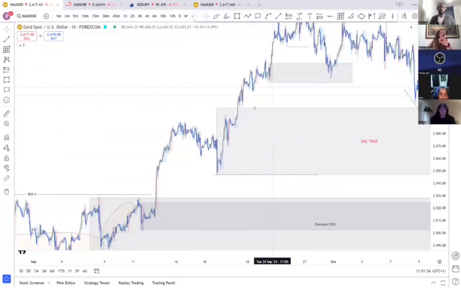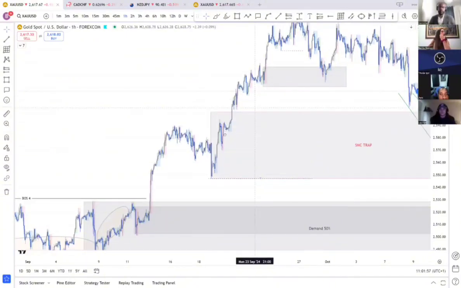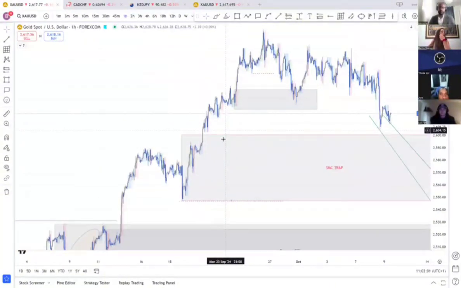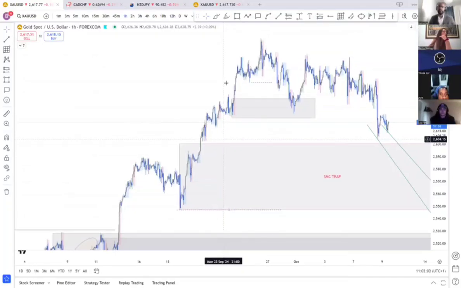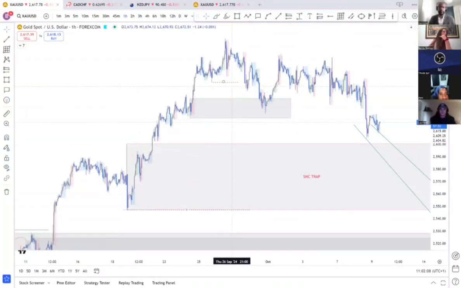The 1 hour time frame, we can see a change of character. I can see the change of character happened here. Why? Because, as I explained, this is the last inducement. Let me just zoom in so you can clearly see what I'm talking about.